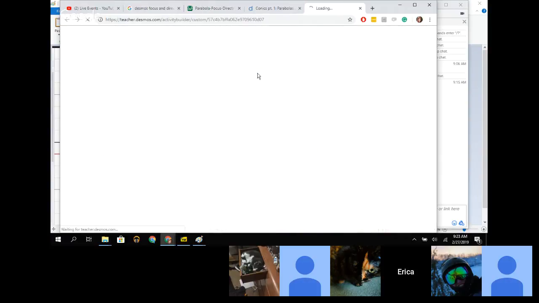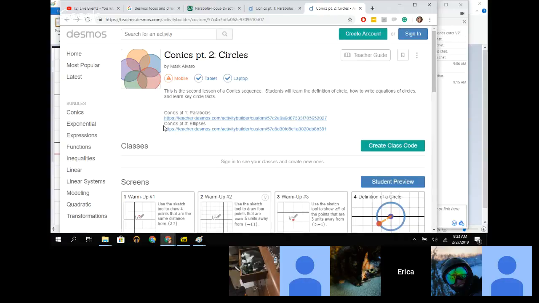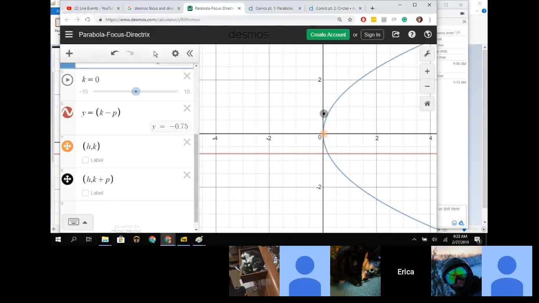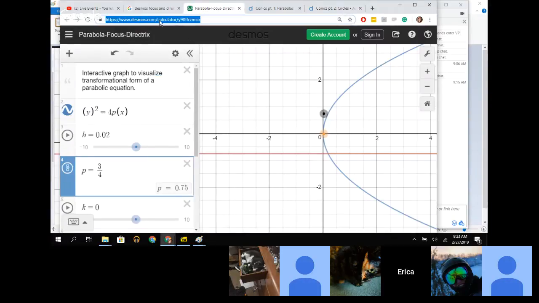There's also activities for circles, which circles are actually pretty cool, I think. Let me see what this pulls up. If not, we can just do it on our own. All right. Well, we'll just skip right into Desmos here and kind of do it.